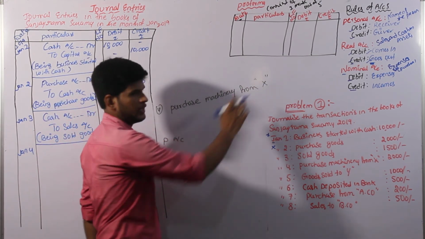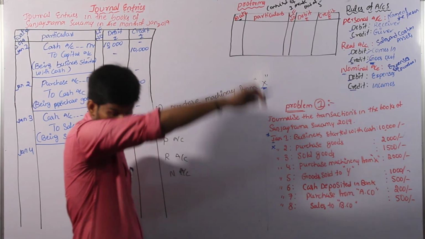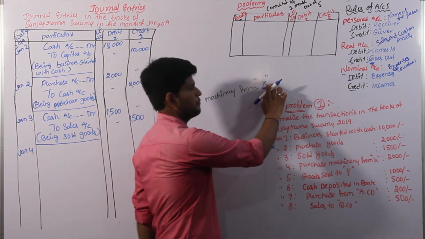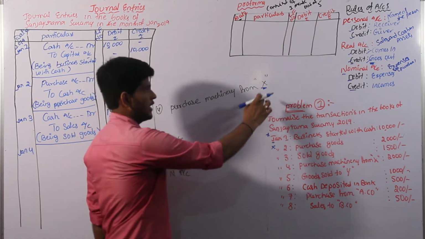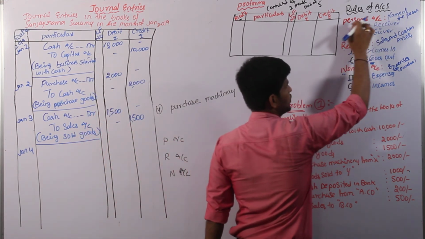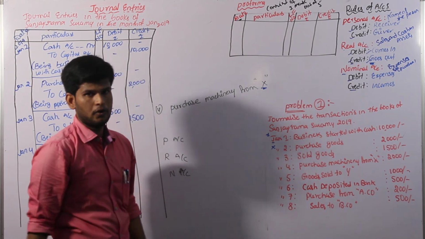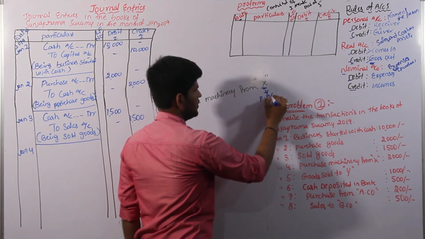From X, X is an artificial person, or we call it a physical person, because there is no limited company, so we can call it the name of a person. Name of the person is relating to the rule of personal account, so it goes to personal account.